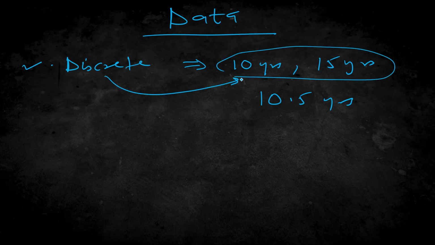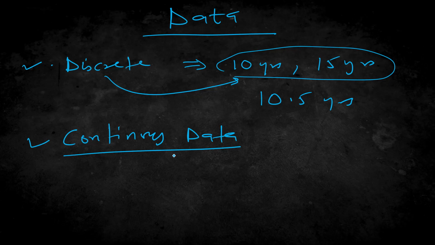So discrete data belongs to this class, with no decimal point. We can also talk about continuous data. With continuous data, they have decimals or fractions.